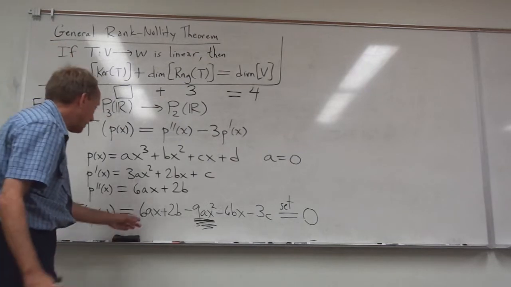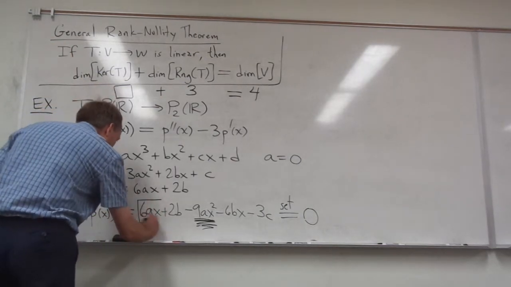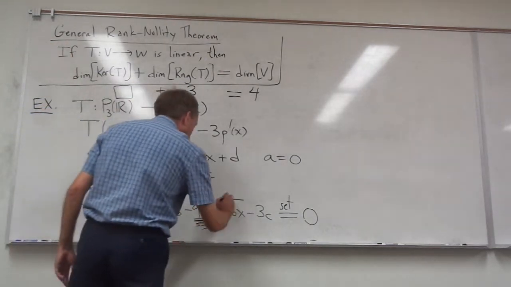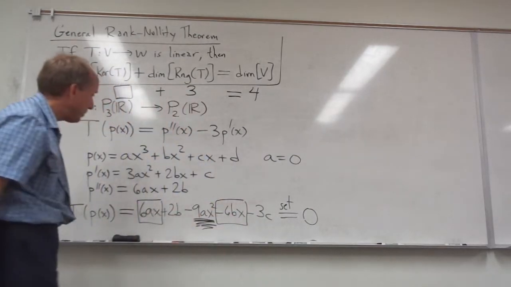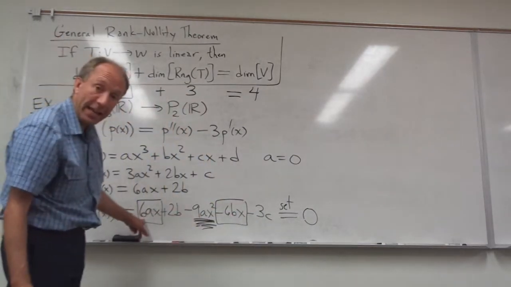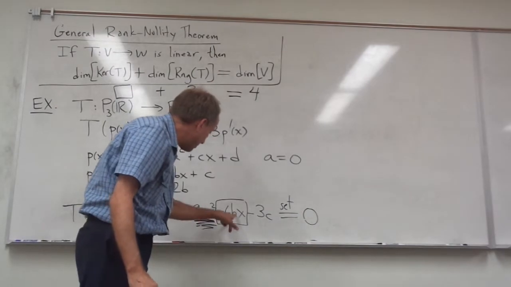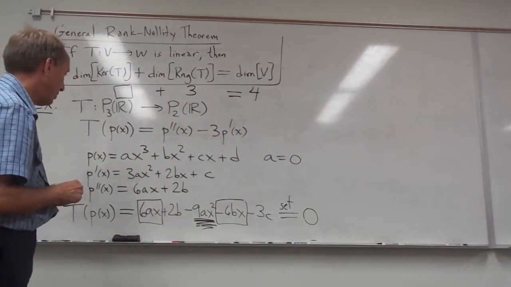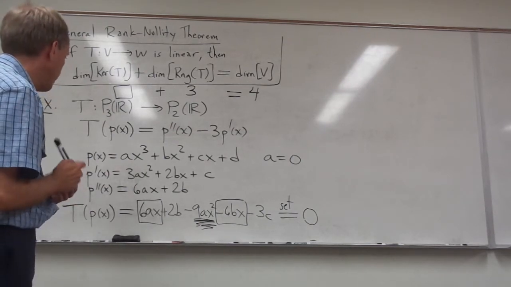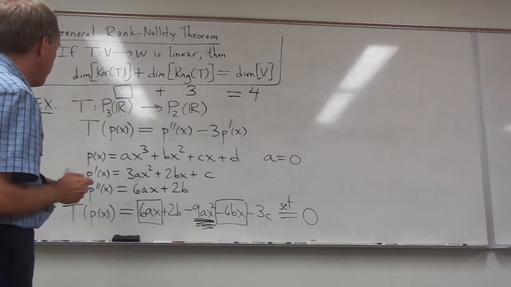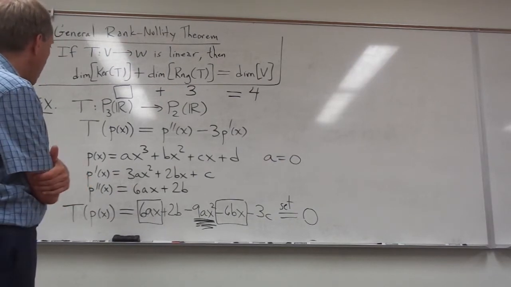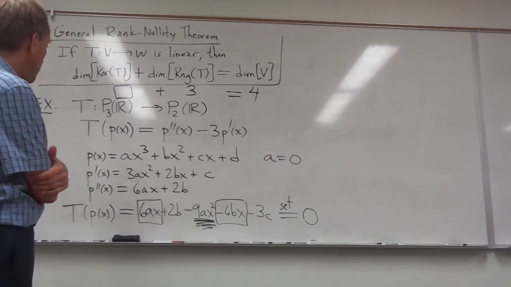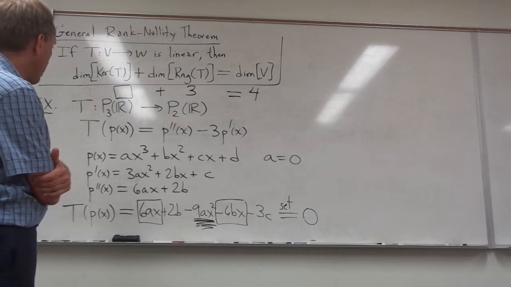If we look at the x terms, I'm going to circle them. There's a term with x in it, and there's a term with x in it. 6a minus 6b would need to be 0. And let's see, is that right? That would tell me, yeah, that's correct.